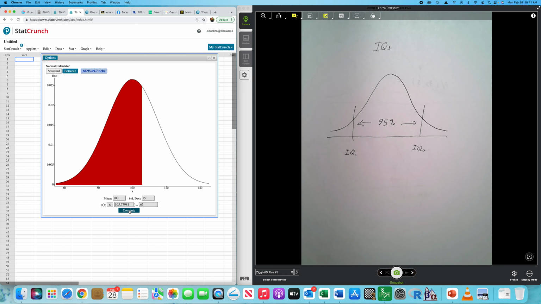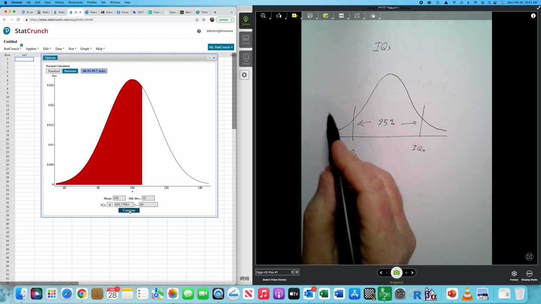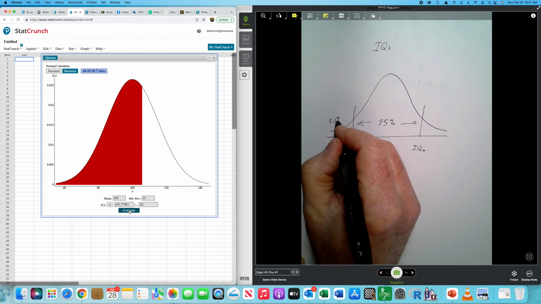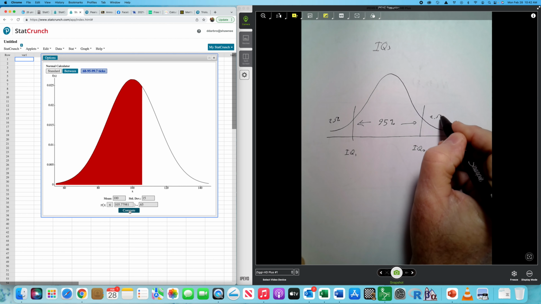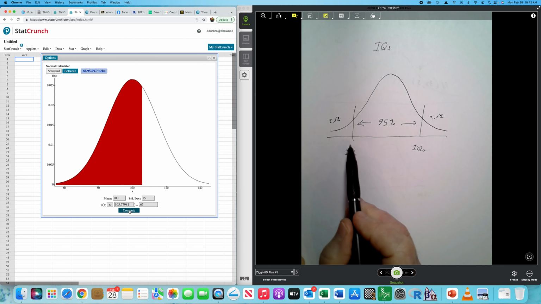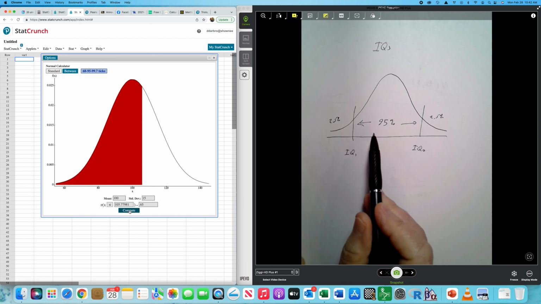Now, what we could do is what? Well, there's 5% missing, so there's 2.5% down here. There's 2.5% down there. We can go to our goofy table and find the z-score, and then convert it to an IQ and all that.